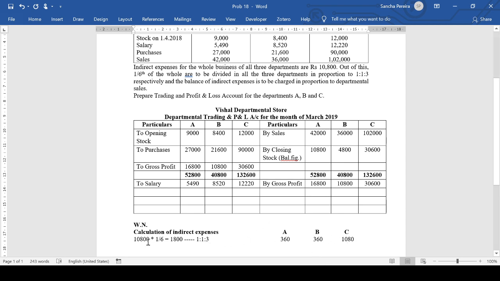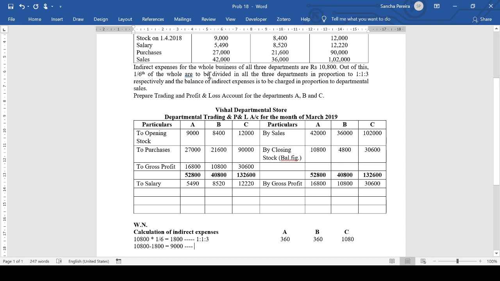All these amounts put together should come to 1,800. So out of 10,800, 1,800 is already sorted. For the second one, 10,800 minus 1,800 is equal to 9,000.